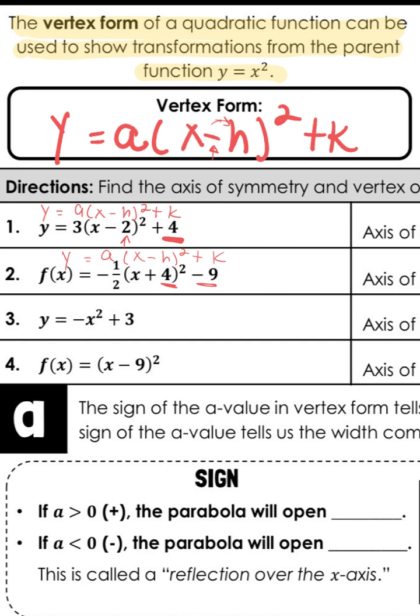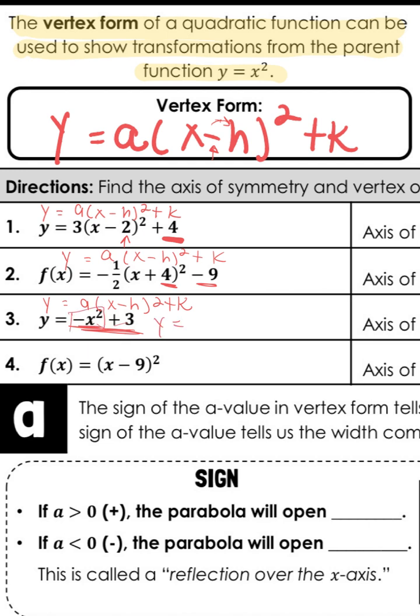Okay, now in the next one, again, we're going to write the equation: a times the quantity x minus h squared plus k. When you look at this equation, you have some things missing. So let's rewrite it and put zeros in where you have some missing things. So we're going to unsquare this h squared here.